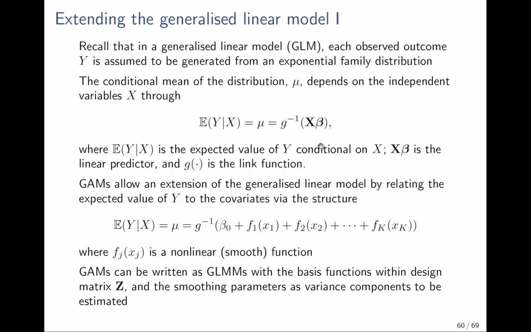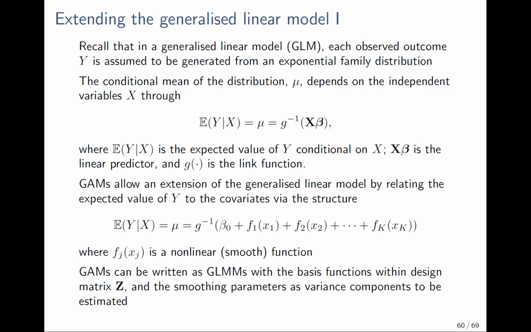We saw that previously. So GAMs are simply going to extend GLMs by relating the expected value of y to the covariates through the link function, or in this case the inverse link, but with a sum of smooth functions rather than a usual linear predictor.